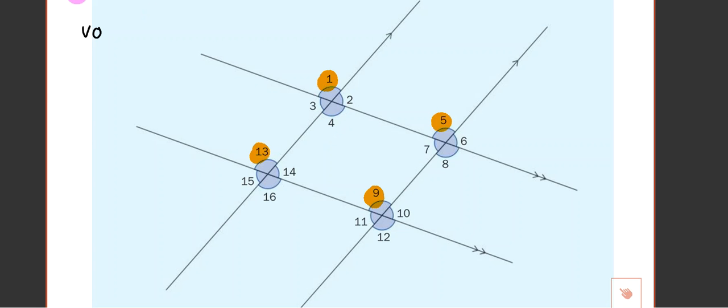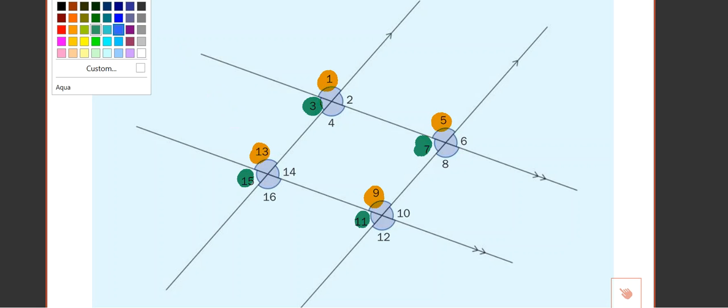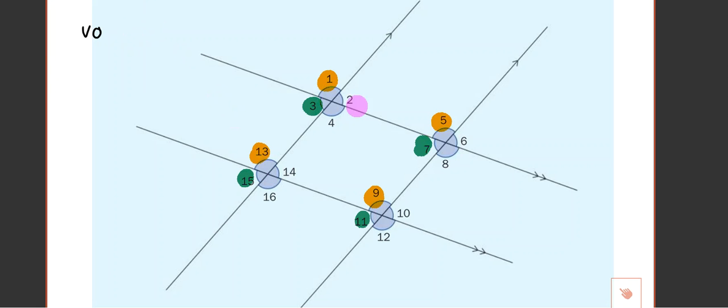Now, what's corresponding to 3? 7, 11, and 15. Good. What are corresponding to 4? 16.